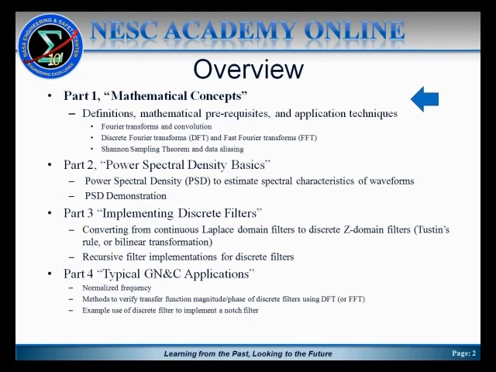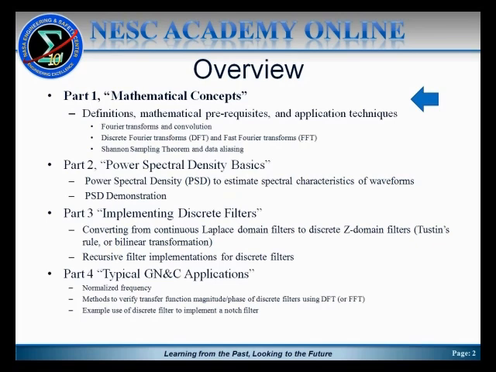We'll also conclude today's discussion with the Shannon Sampling Theorem and the data aliasing, as it's called, which is related to improperly sampling a signal, or sampling a signal at a rate that's too slow to capture the spectral characteristics of that data that you're sampling.